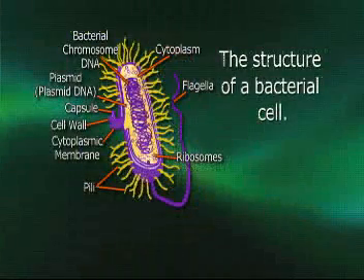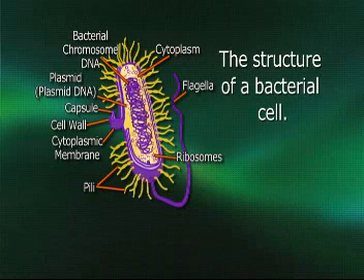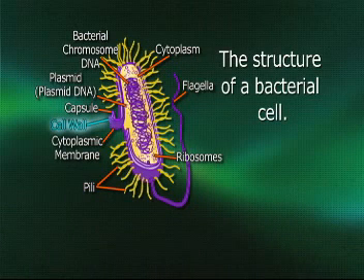Let us look at the structure of a bacterium. As you can see in the diagram, bacterium has a cell wall. Unlike plant cell walls, which are made of cellulose, bacteria cell walls are made from a substance called peptidoglycan.